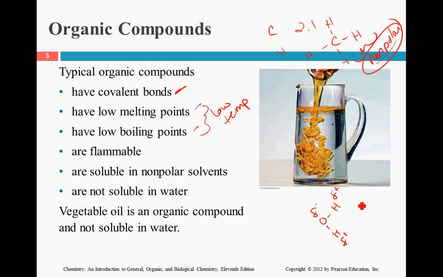And this positive of this hydrogen will be attracted to the negative of the next one. So you'd have this attraction. Because it's nonpolar, there's no attraction between the molecules. Or there's less attraction, I should say. So because of that, they're not trying to hold together as much, which is making it break apart easier. Which is giving it its low boiling and low melting points.